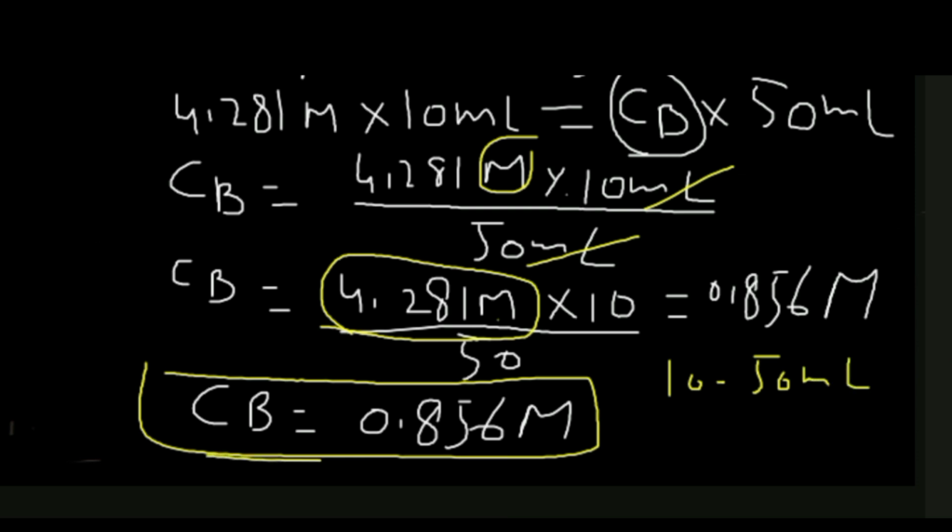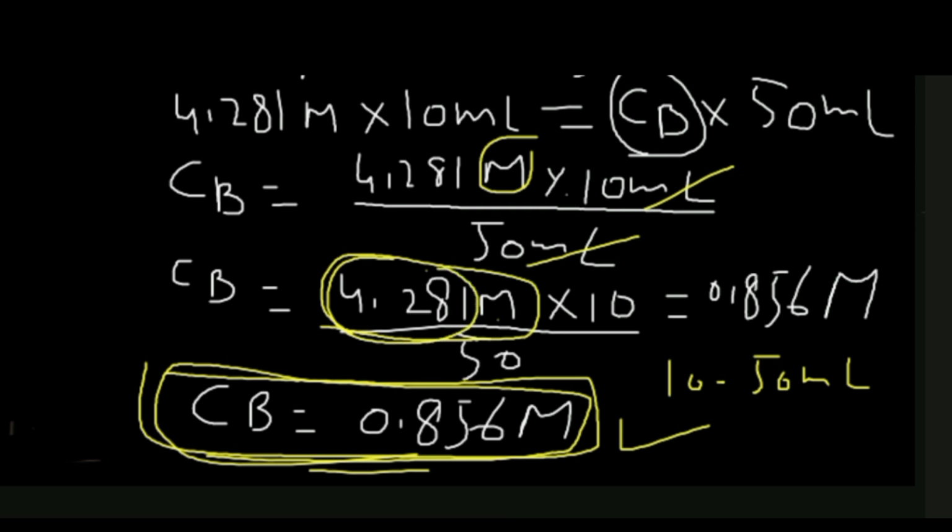Okay, we have got this concentration, which is 0.856 molar. So from this we have noted that after diluting a solution, its concentration decreases, like this one, which decreased from 4.281 to 0.856 after diluting from 10 ml to 50 ml.